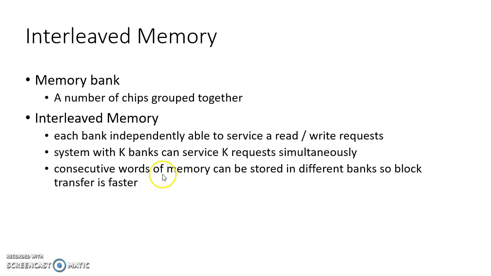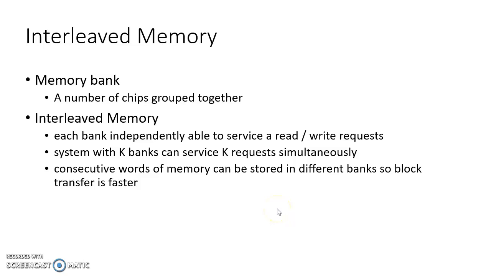And so what some do is that if there are subsequent words being stored, the first word goes to the first bank, second word goes to the second bank, third word goes to the third bank, and so on.